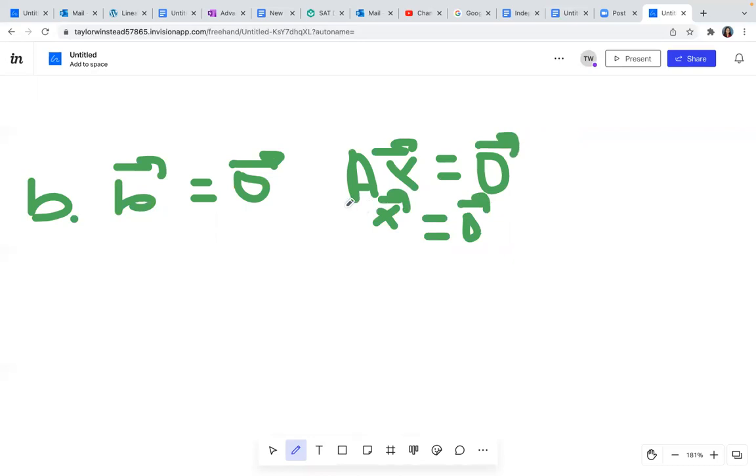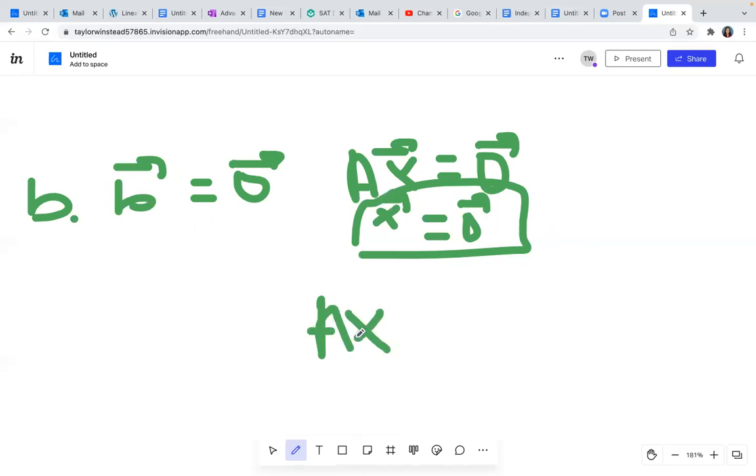Because if we divide by the matrix A on both sides, we get A times vector 0, and that's just going to be vector 0. If A is invertible, then that means that this is the only solution, okay? But if A is non-invertible, that means that the system A X equals vector 0 has infinite solutions.